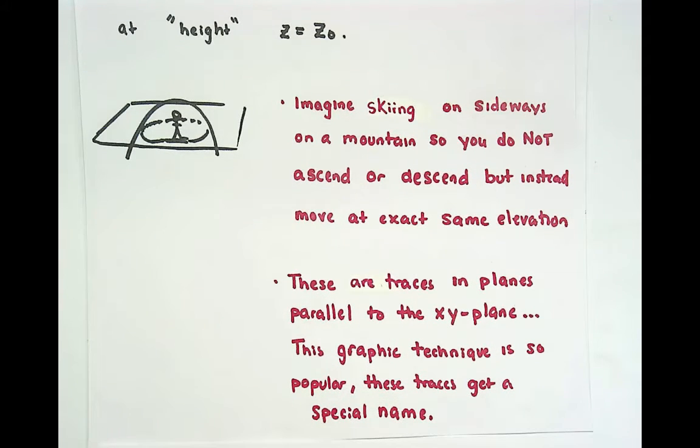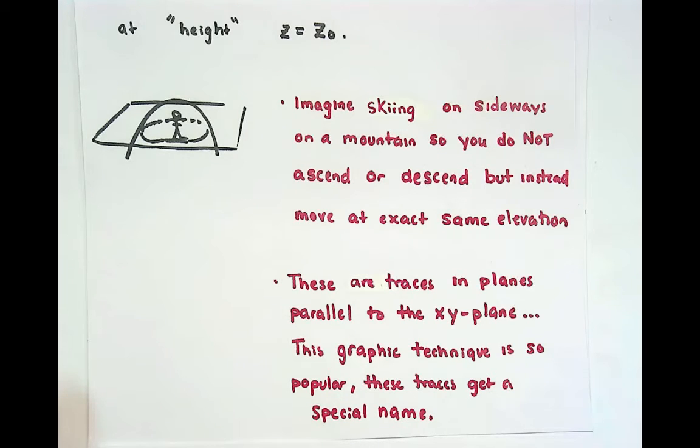You could ask yourself, well, why are you going to introduce new nerdy notation, with different ways to say things, if this is just a trace? And I think that's a really good point. The thing that I'll say is, these traces are so popular that they get a special name. These show up in so many different fields. They show up in thermodynamics. They show up in meteorology.